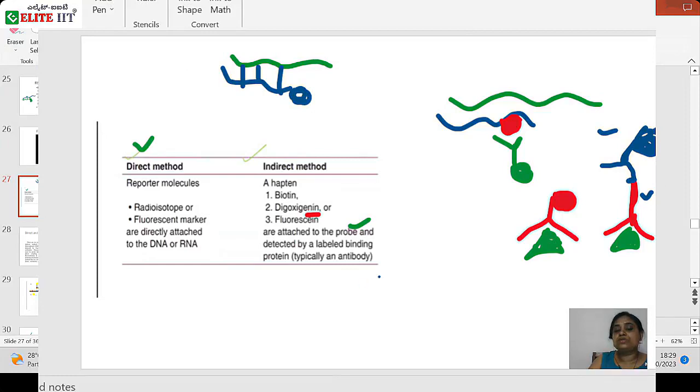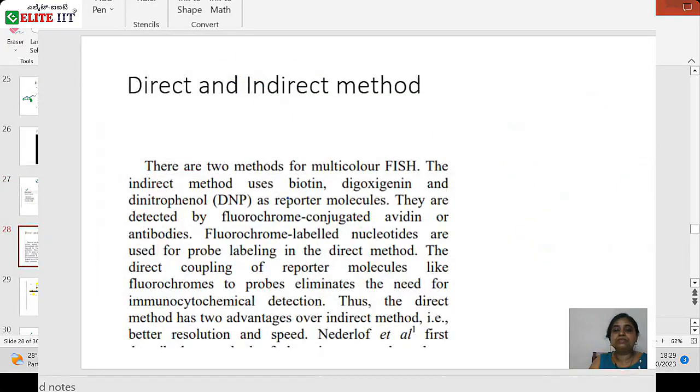In direct, you are adding the fluorescent compound directly with the probe. In indirect, you are using something in between the probe and the fluorescent compound. The indirect method is more popular because detection will be better.